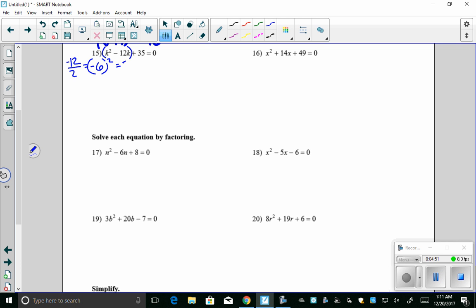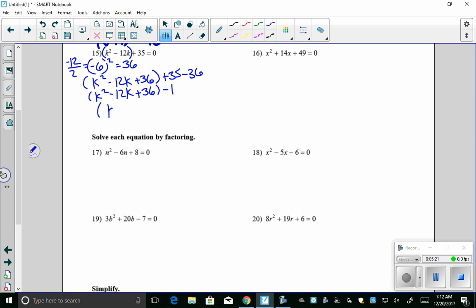Square negative 6, and you get positive 36. k squared minus 12k plus 36 plus 35. 1 times 36 is 36. Put the opposite, get negative 36. Combine the numbers on the end, and you get negative 1.